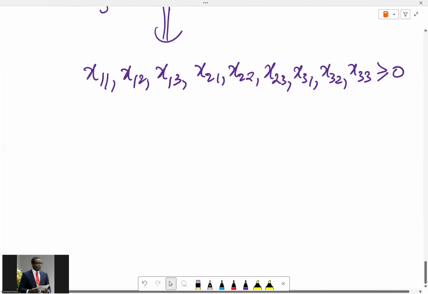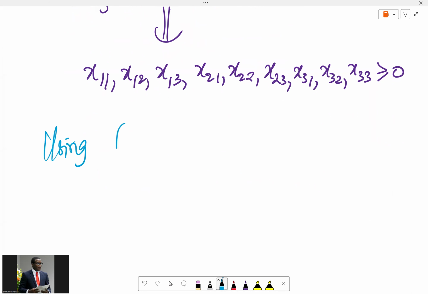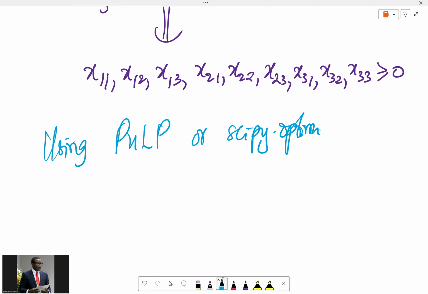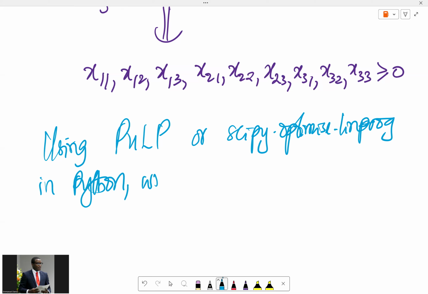So we can say, using PuLP or scipy.optimize.linprog in Python, we have the following.